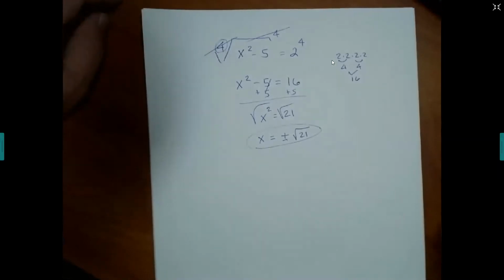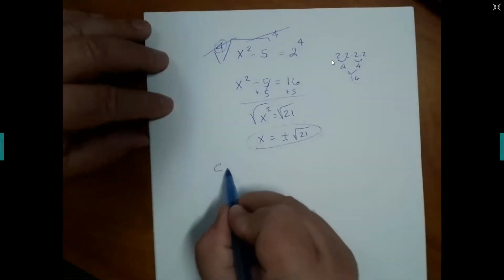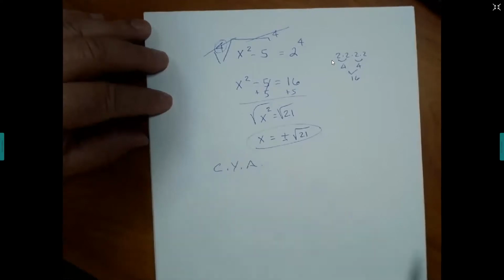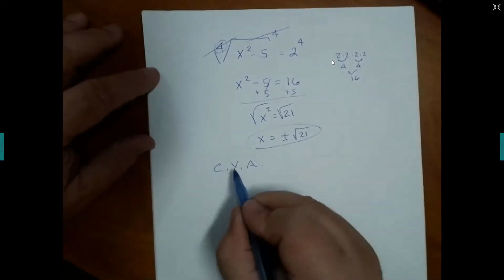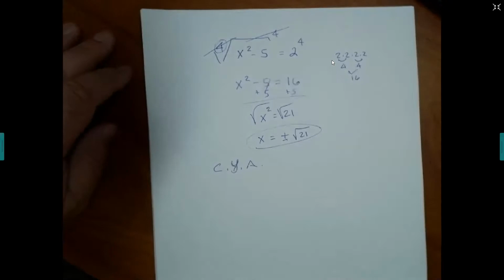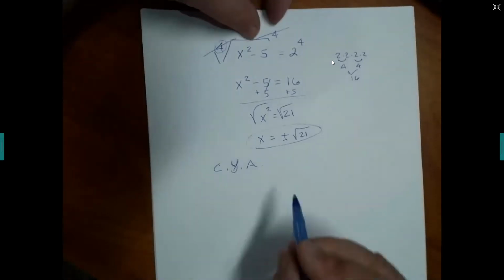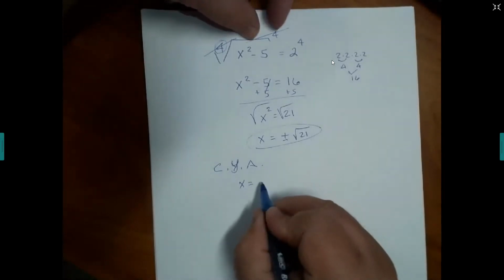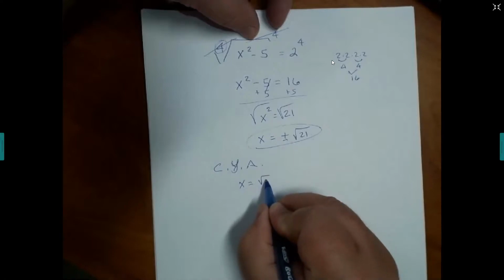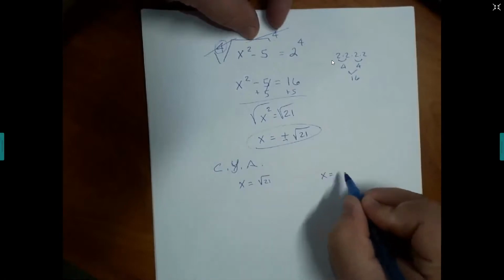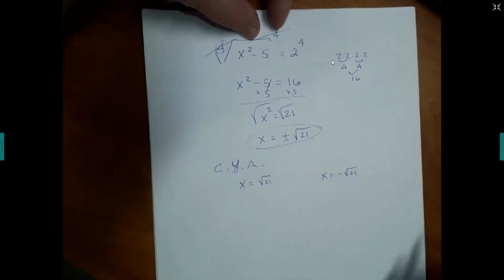But what we have to do here, we have to check it out. Check your answer, CYA. x equals positive square root of 21 and x equals negative square root of 21.